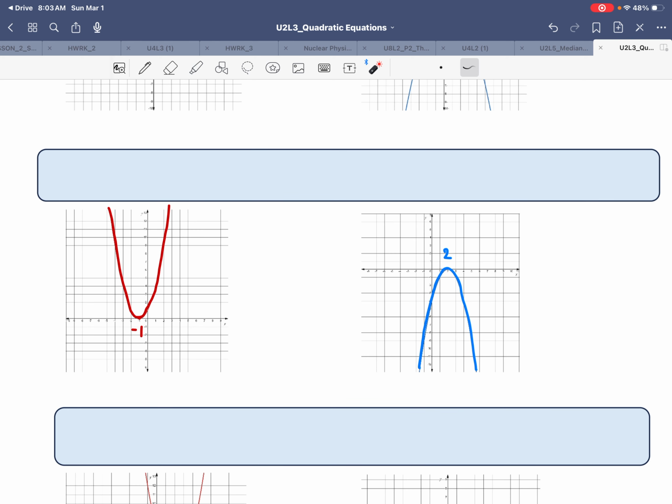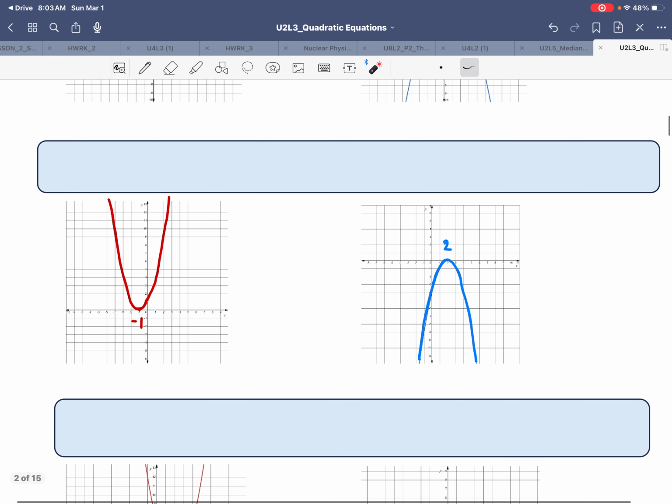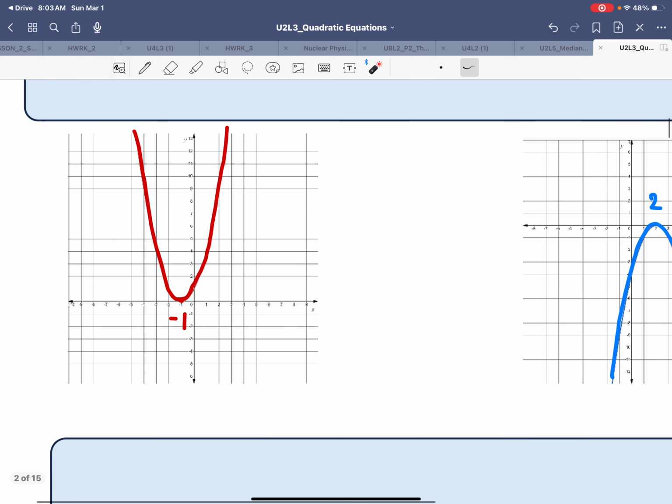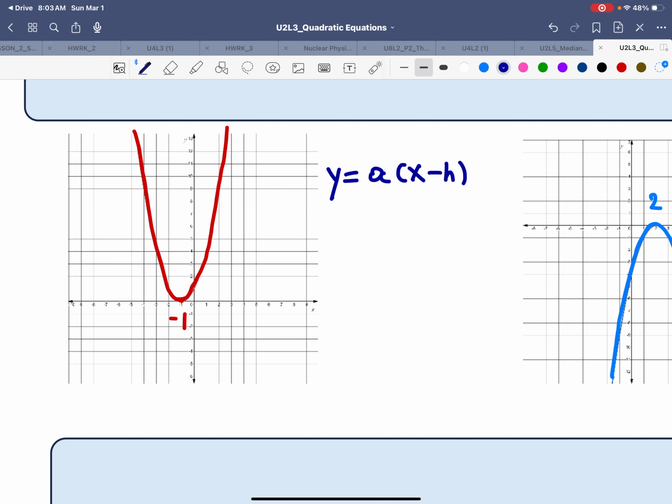So, first, I want you to think, can you figure out the equation of this parabola? That's something that we have learned how to do in earlier grades. In order to determine the equation of a quadratic function, you can start from y equals a(x minus h) squared plus k, especially when you are given the graph of it where you can identify the vertex.